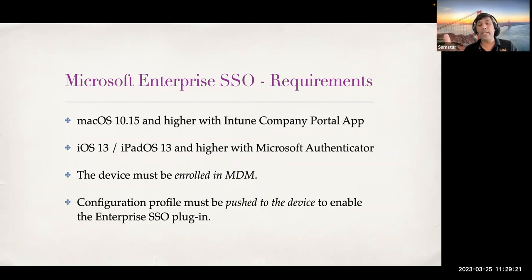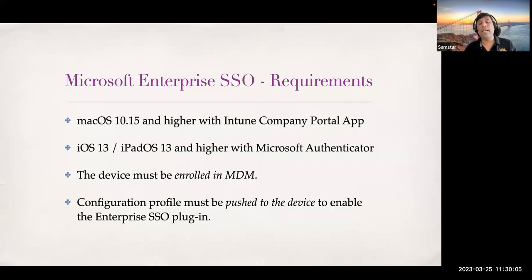The must requirement for a Mac device is that we need to install the Intune Company Portal application, because Company Portal has that broker which can capture your primary refresh token, and which can provide you an access token. All this seamless sign-on happens on token-based authentication, and hence the Company Portal application is a must before you configure this. Just to call out, you just have to install Company Portal. No need to launch the application, no need to sign on. The application must be present on Mac devices. That's it.